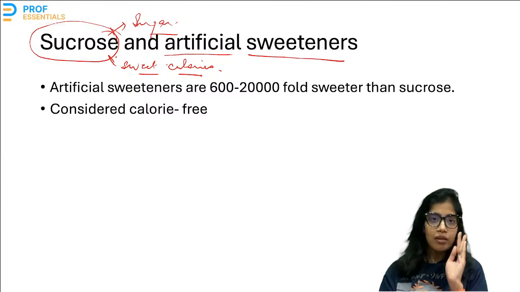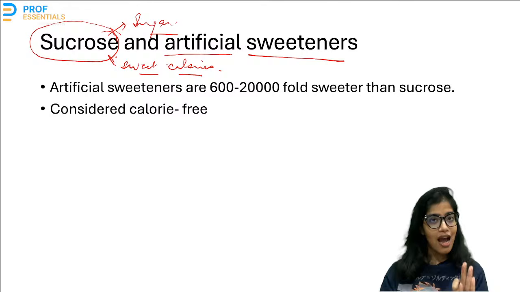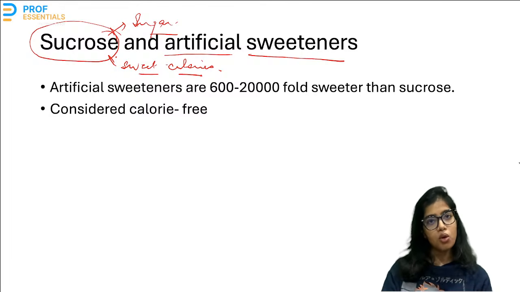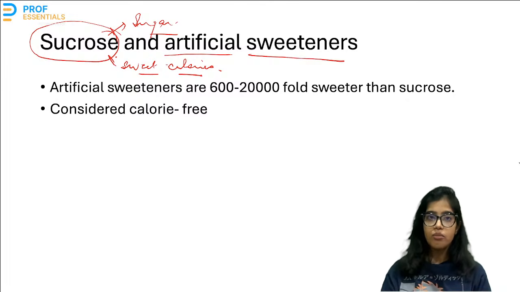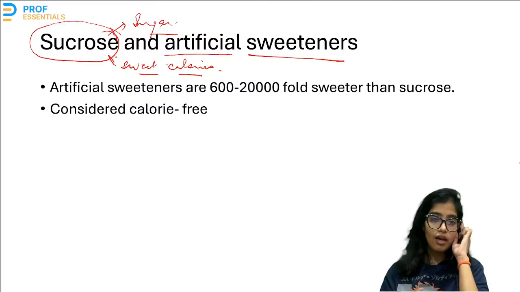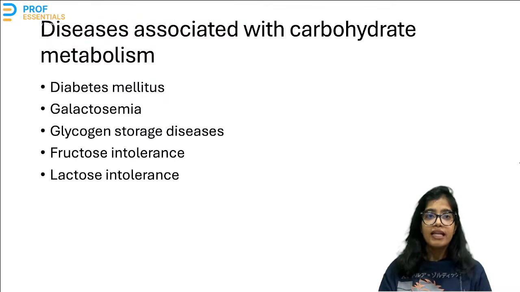But a disclaimer: it is not for everyone. It has to be specifically prescribed by a doctor, and no one should include them in their diet on a regular basis, because they do cause a lot of metabolic or hormonal disturbances as well. Understood?